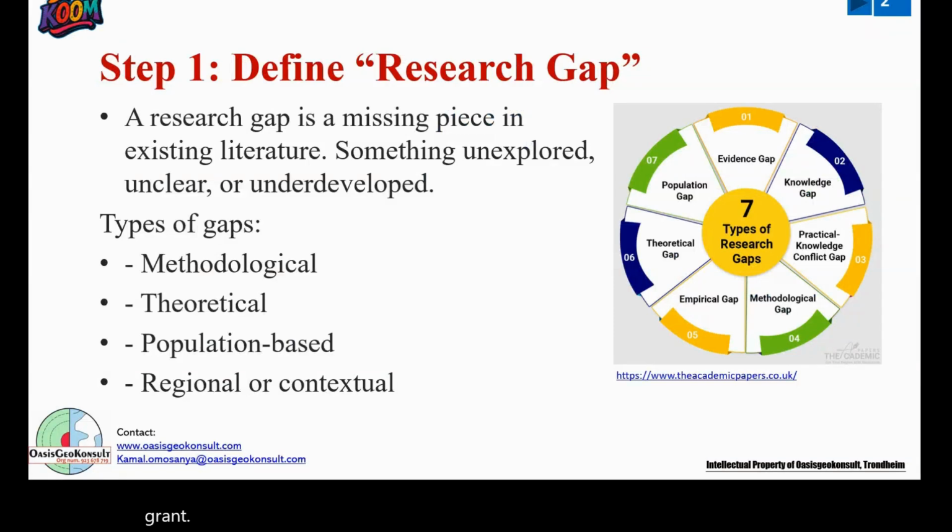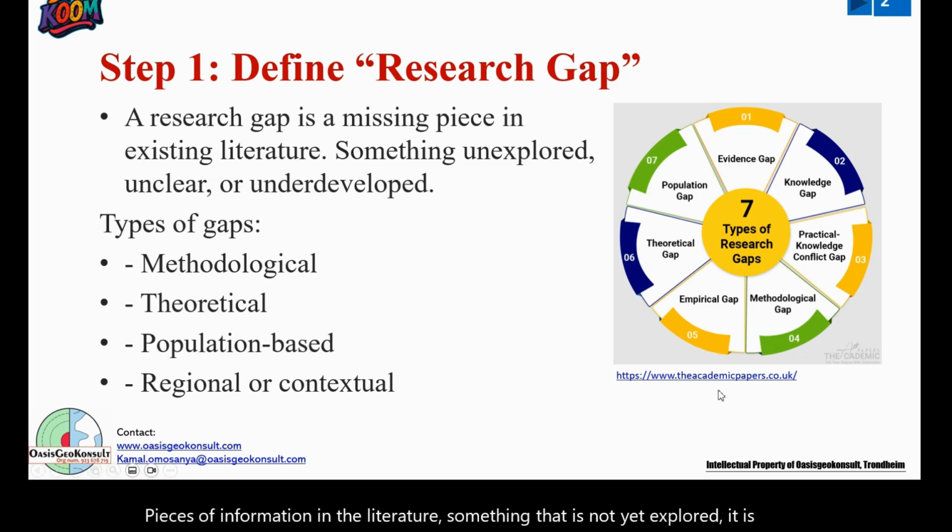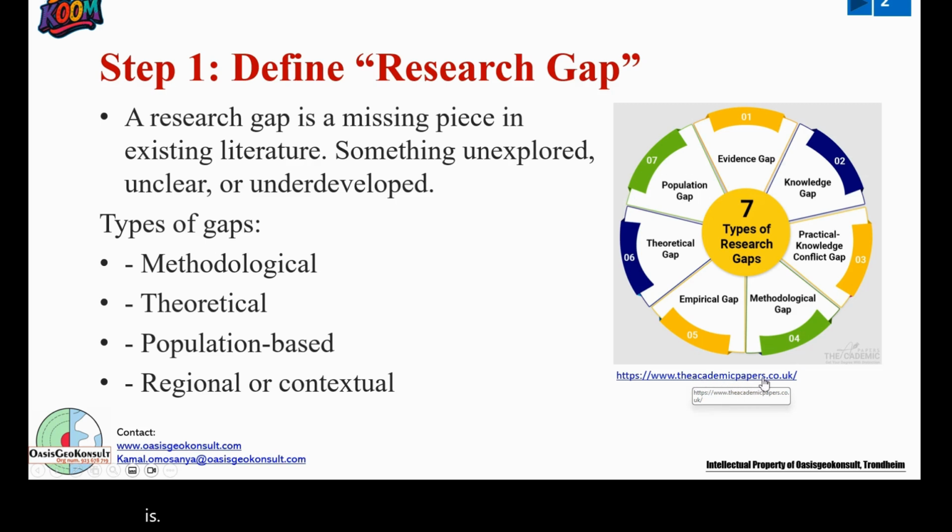They are just missing pieces of information in the literature, something that is not yet explored. It is unclear or it is underdeveloped. And according to this chart, which is a reference to academicpapers.co.uk, you can have 7 types of research gaps or literature gaps.